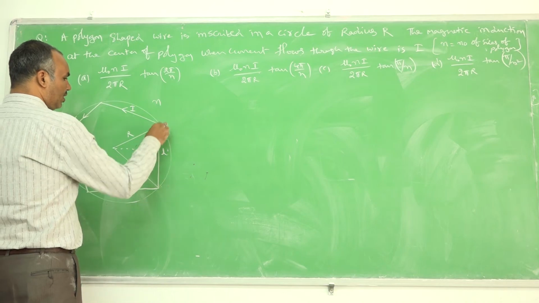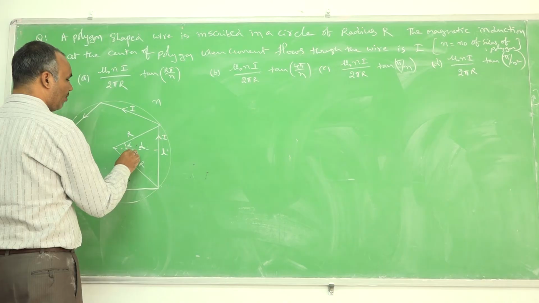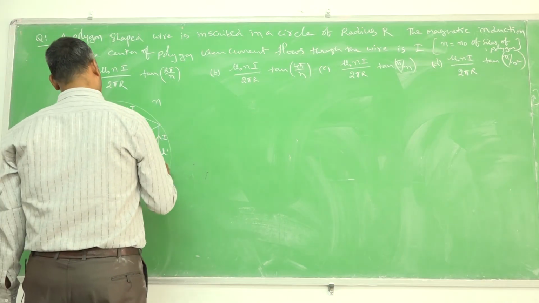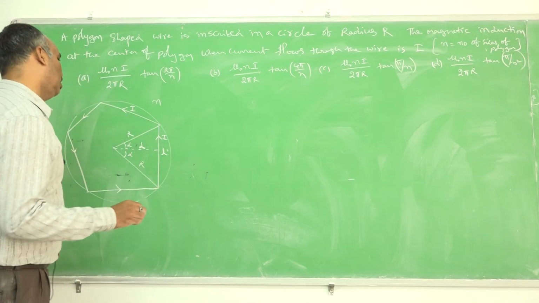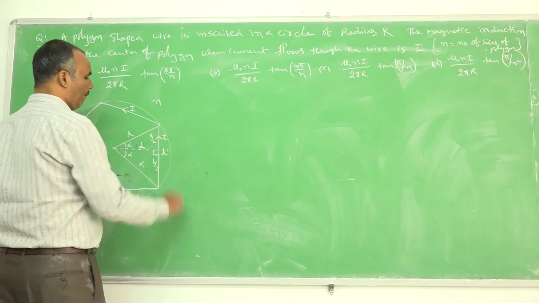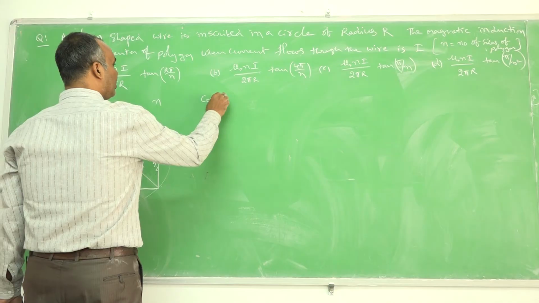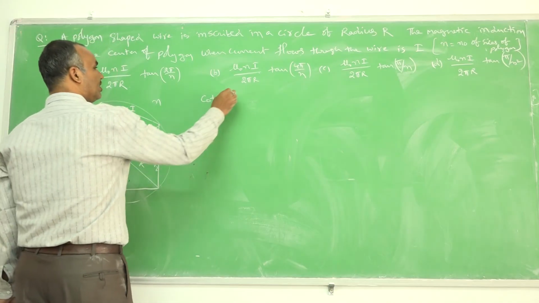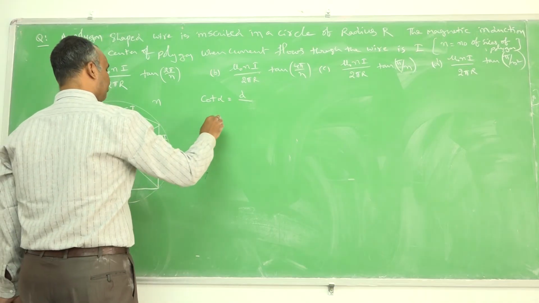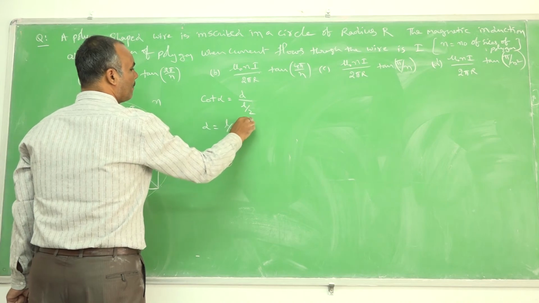You know that due to symmetry, this angle and this angle both are equal. Then it is L by 2, this part is also L by 2. Cot alpha is adjacent side by opposite side, L by 2. Then d is equal to L by 2 cot alpha.